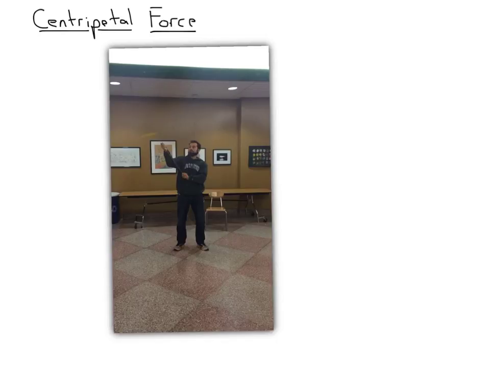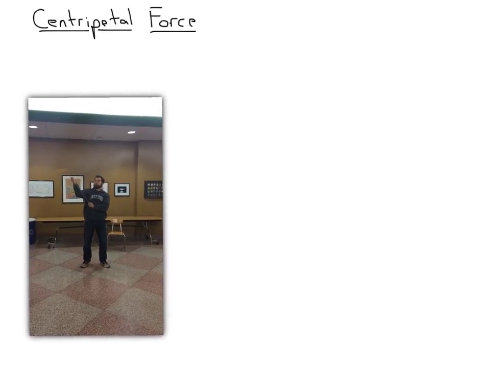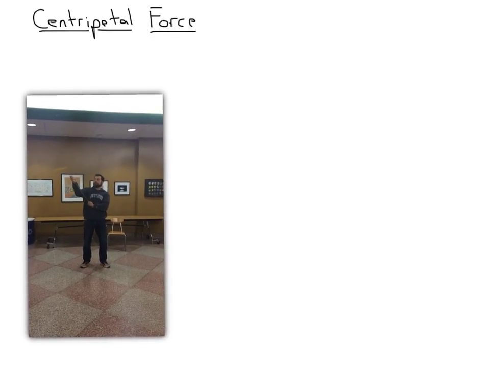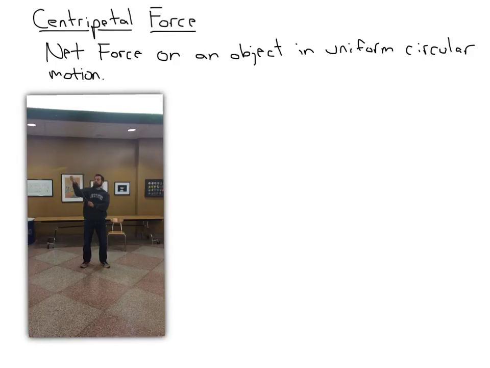And so I'm going to use this video as a jumping off point to talk about some terms here. So the first term is, in fact, centripetal force. And centripetal force is a topic that can be one of the trickier ones in physics. The textbook definition is centripetal force is the net force on an object that's doing what's called uniform circular motion.